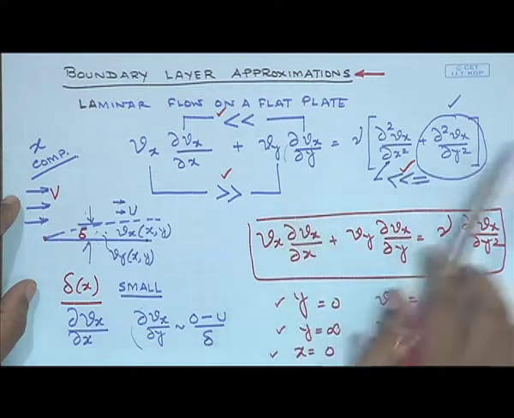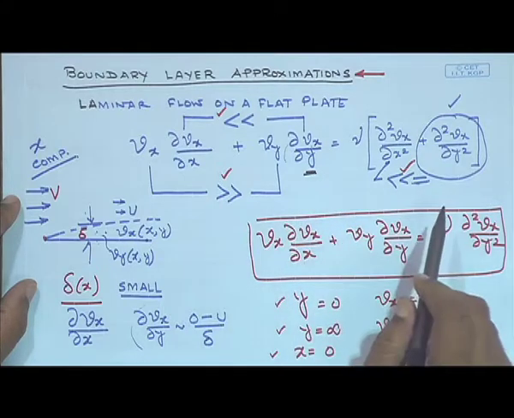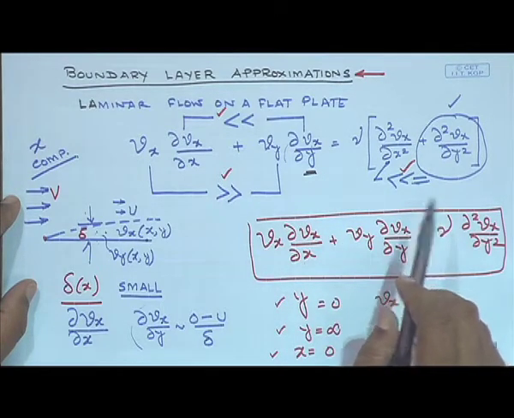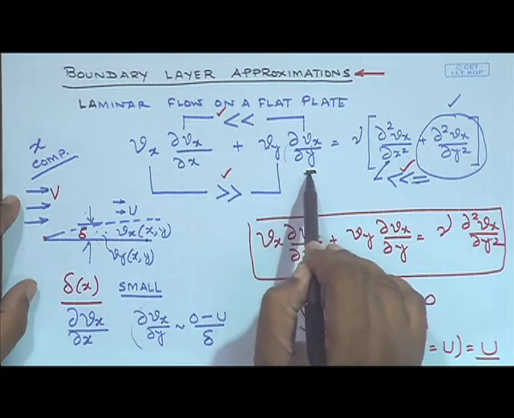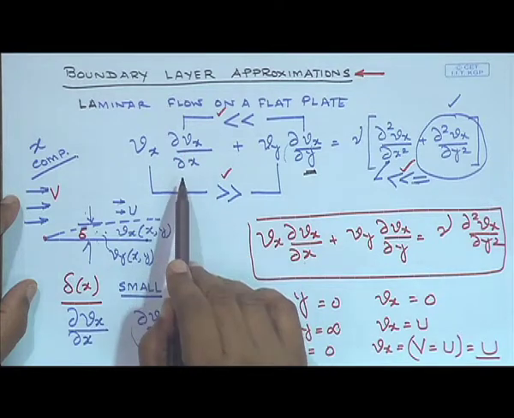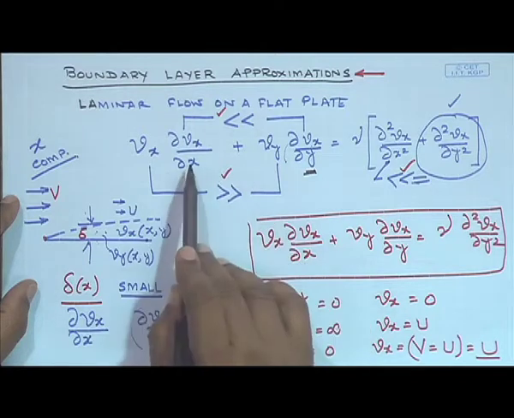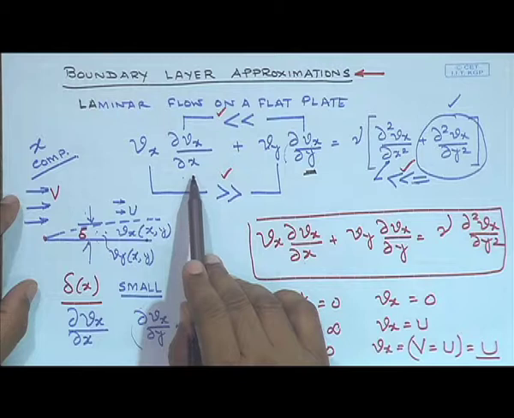However, since the gradient of the variation in velocity with respect to y is large in comparison to the gradient of velocity with respect to x, none of these two terms can be equated to 0 based on simple heuristic analysis.